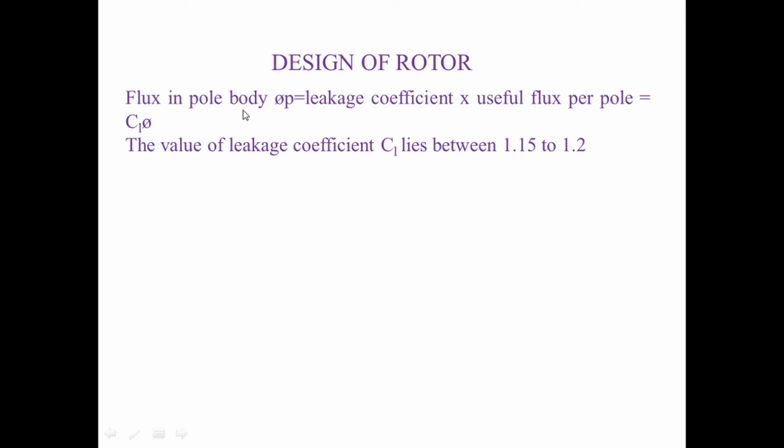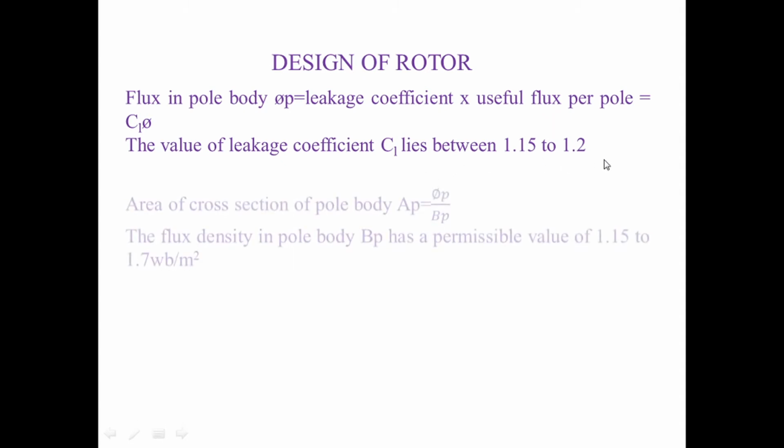So flux in the pole body is calculated as phi p equal to CL into phi. The value of leakage coefficient CL lies between 1.15 to 1.2. So for solving the problem, we need to take the value of leakage coefficient CL as 1.15 to 1.2.